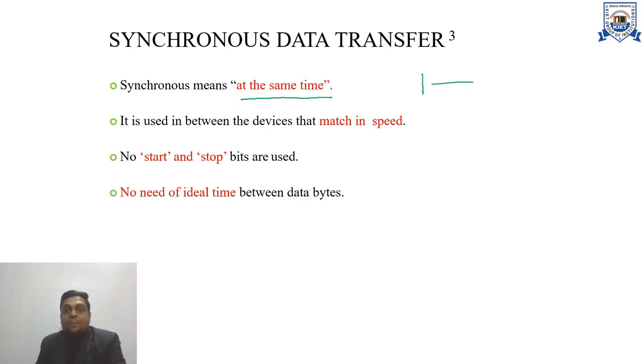As the communication happens between two devices, both devices are active at the same time. It is used between devices that match in speed. Let there be a device A and a device B. If their speeds nearly match, not exactly, then we will use synchronous data transfer.